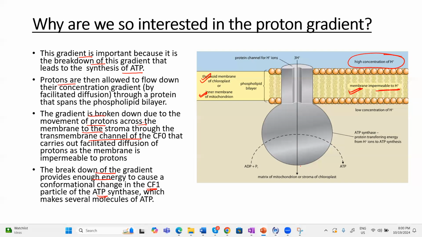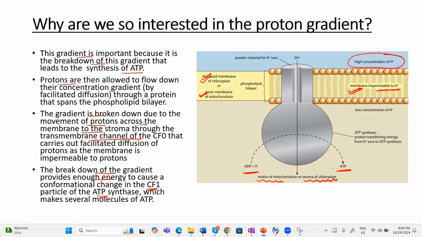When the protons are moving, ADP combines with inorganic phosphate to make ATP. The movement is from high concentration to low concentration, which is the matrix in mitochondria or the stroma in chloroplast. This is very basic, we should know why we are interested in creating a proton gradient, because only then can we make ATP.